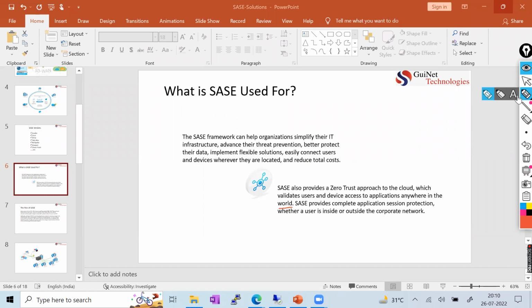It's not just an office laptop. It could be BYOD, bring your own device, your home laptop, your mobile phone, or tablets, regardless of location. It is providing a zero trust approach. Zero trust means whatever communication you are doing from a BYOD device or office laptop should be very secure, and for any activity you are doing, my company should be capable of reading all of that activity.